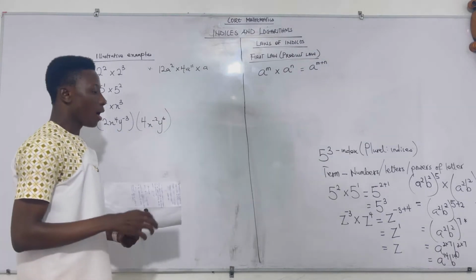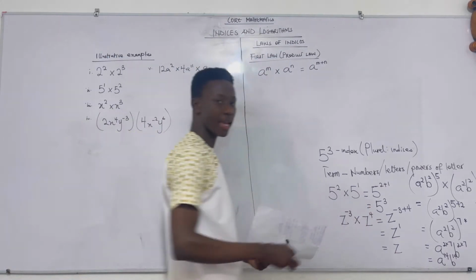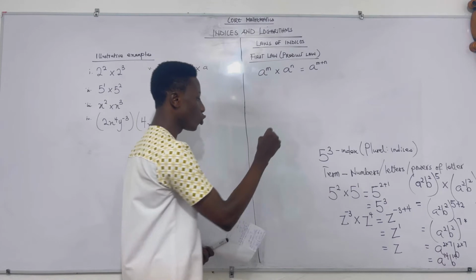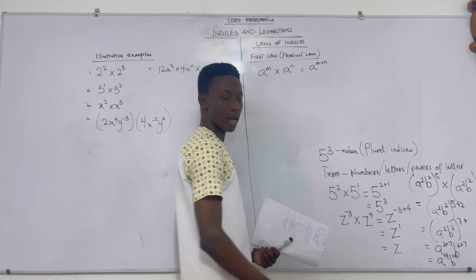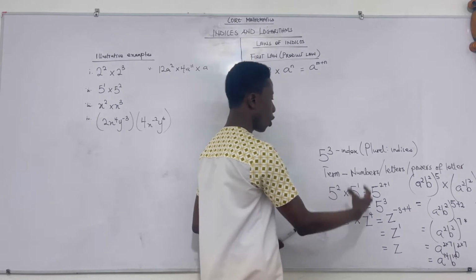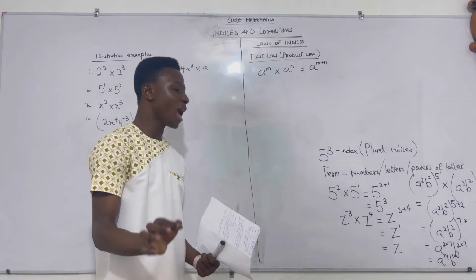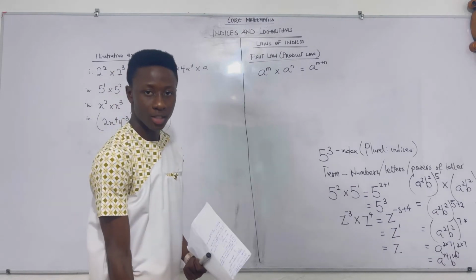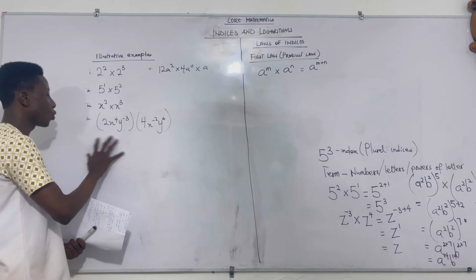Before I continue, let's come here once again. I told you a term can be what? Just numbers, which we've done, or letters, or powers of letters. I also said it can be a combination of all the three. You should expect that. So let's come to example IV.